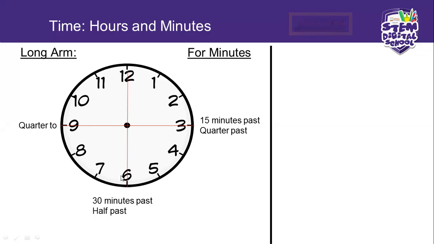Remember, all this while, our long arm is going tick, tick, tick, tick, tick, tick, tick. So when it gets to 9 there, we say it is quarter to. Good. And also, you see the quarter as well. Remember, it is that 1 part out of how many parts? 1, 2, 3, 4.